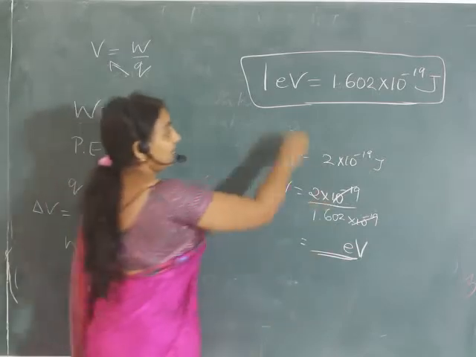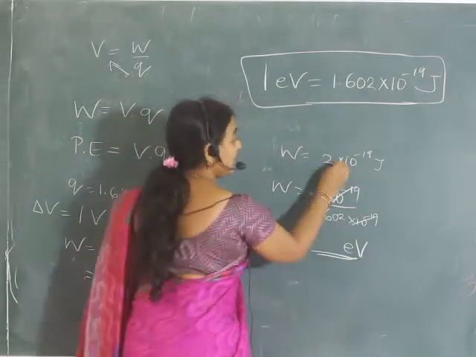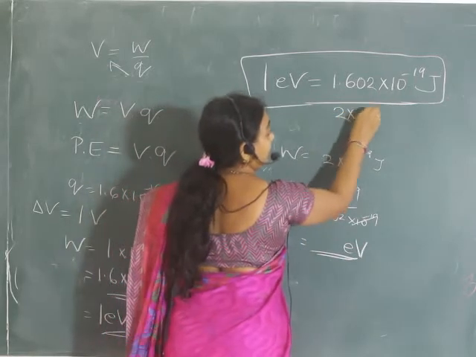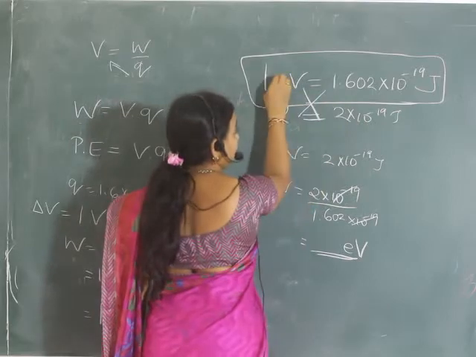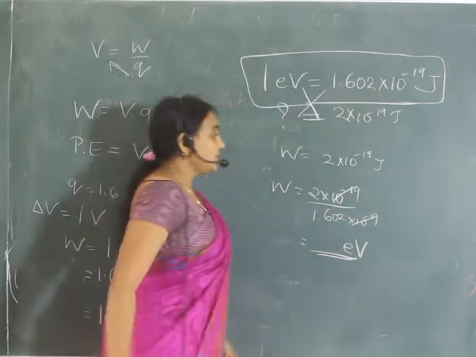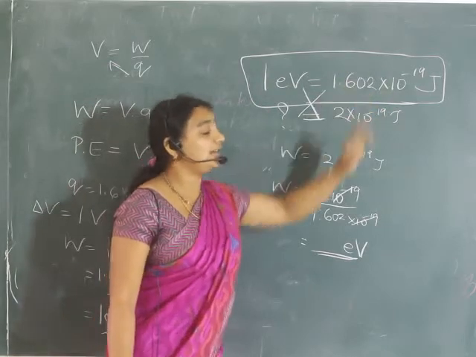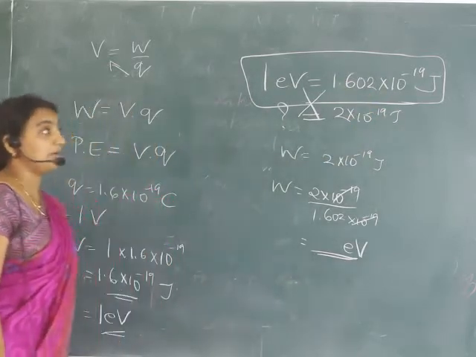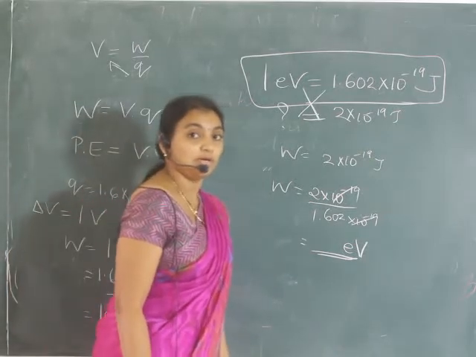1 electron volt means 1.602 into 10 to the power minus 19 joules. 2 into 10 to the power minus 19 joules means how many electron volts? 2 into this one divided by this one. So always, whatever value you have in terms of joules, divide it by 1.602 into 10 to the power minus 19 joule, and you will get the answer in electron volt.